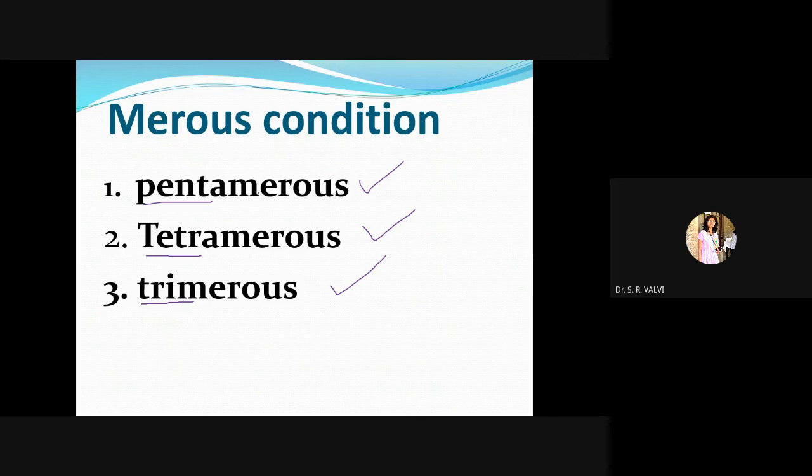So flower parts are nothing but what? The calyx, even your corolla and all the stamens. Here all these three conditions you will find in 5 parts. Means suppose in case of pentamerous condition, your calyx would be 5, corolla also 5, and stamens also 5.